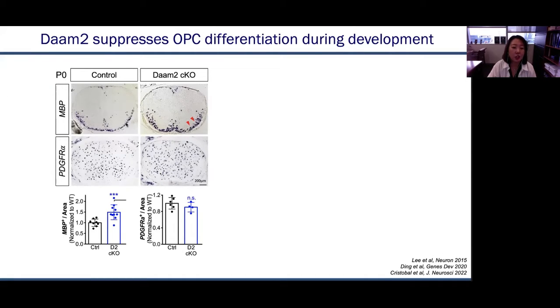This is P0, a very early stage of the spinal cord. When you look at the conditional knockout of DAAM2, you do see an increased number of mature oligodendrocytes, which makes sense. DAAM2 is a positive regulator of Wnt signaling, so when you remove it, maturation accelerates. It doesn't really affect OPC numbers, which suggests that DAAM2 function is very restricted to the differentiation stage.